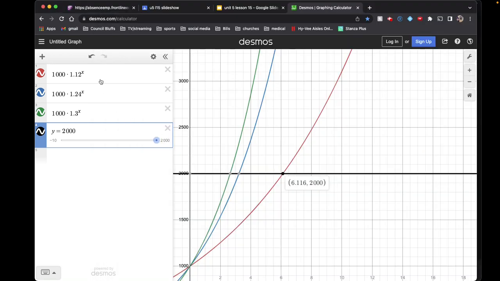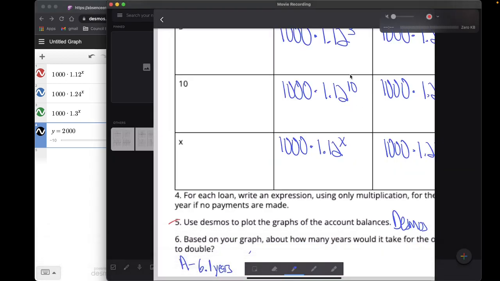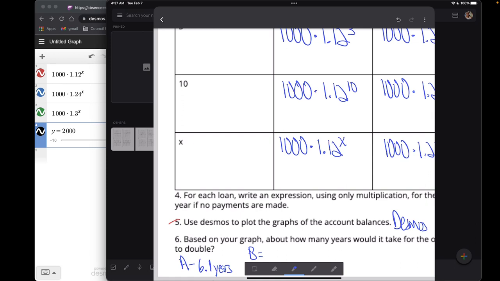If I look at the second one, which had the 24% interest rate, that's the middle graph here. It takes 3.2 years, about half the time. So loan B takes approximately 3.2 years to double from 1,000 to 2,000.